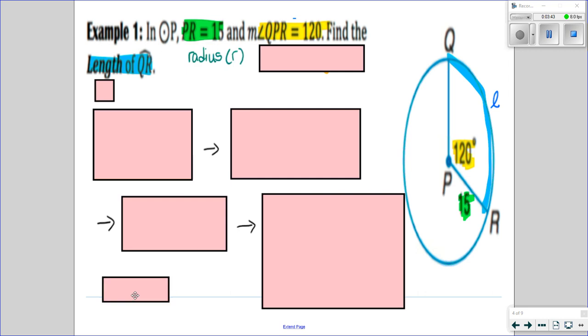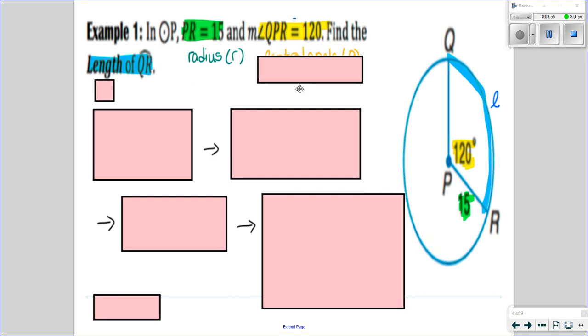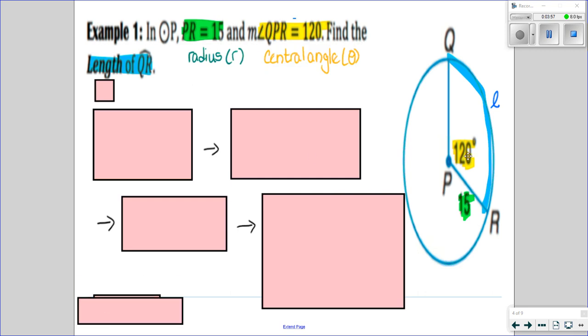PR is our radius, as you can see, because it starts at the center of the circle and goes to a point on the circle. Angle QPR is equal to 120, so that 120 is our central angle. I labeled it with that notation. And the length of the arc will be labeled as L.